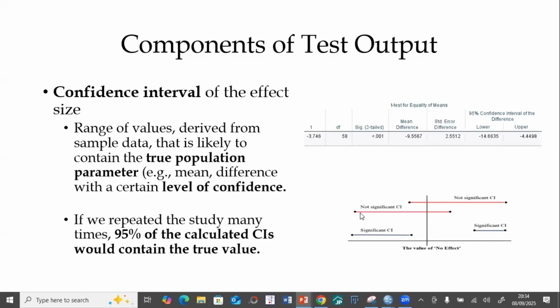The dark spots represent the extents of the confidence interval, the lower and the upper bound. How do we interpret confidence interval? If both the upper and the lower bounds are on the same side of the number line, they don't cross the 0.